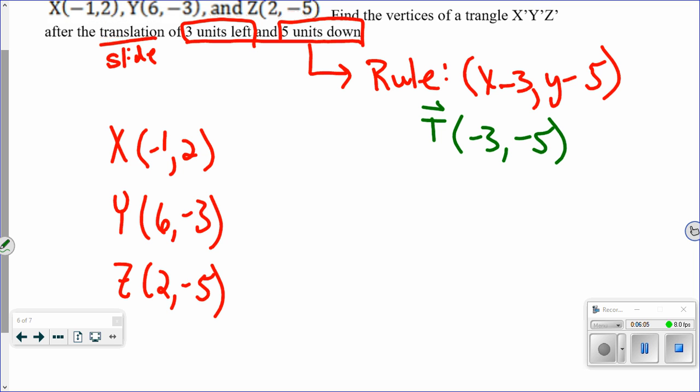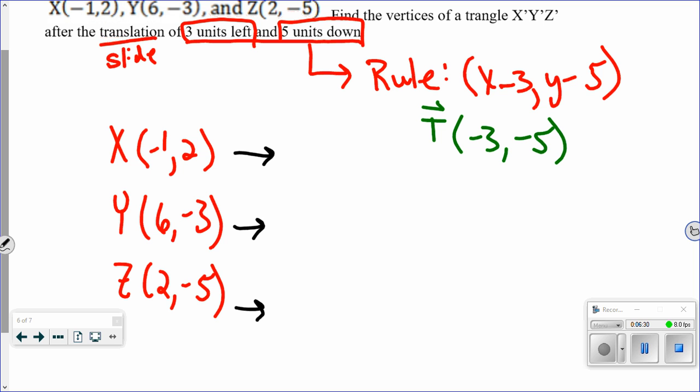Okay, so this rule tells us everything we need to know in order to do this without a graph. So if it says x minus 3, what do you think we're going to do with all the x values? Everything's moving to the left. If we move left on a graph, is it getting bigger or smaller?